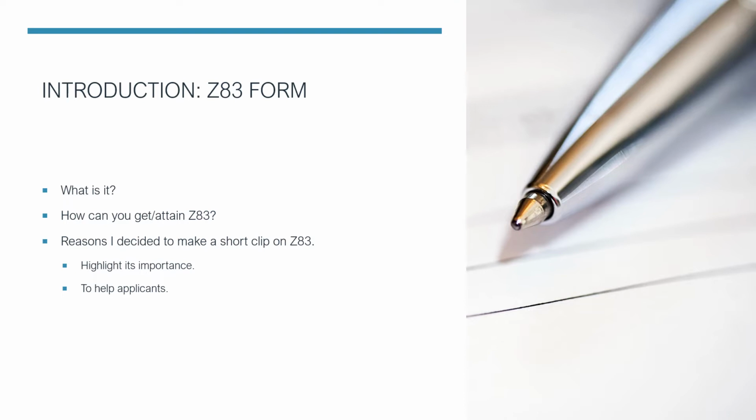So apart from that, it's just to help people who are applying for employment within the public sector, to impart information and to ensure people understand each and every section of this form.